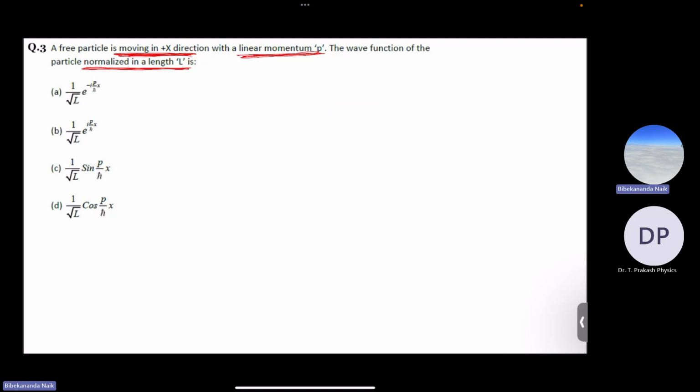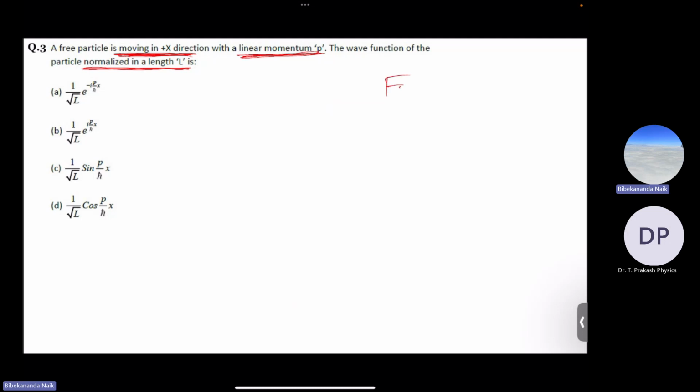Yes, so can you tell me what will be the free particle wave function if it is moving along plus x direction? So if you see the particle is free, I just told you in the previous question.